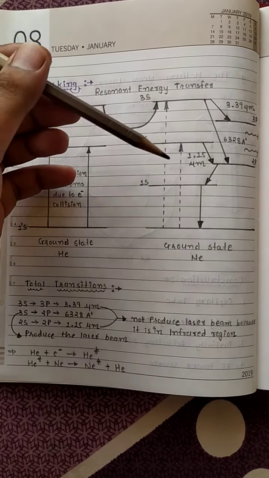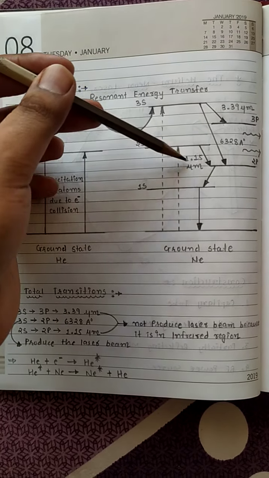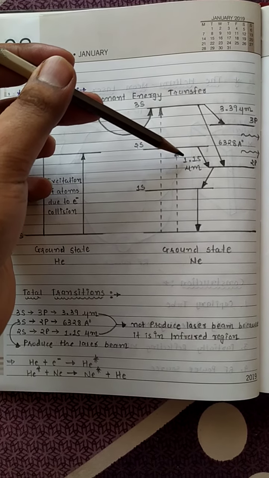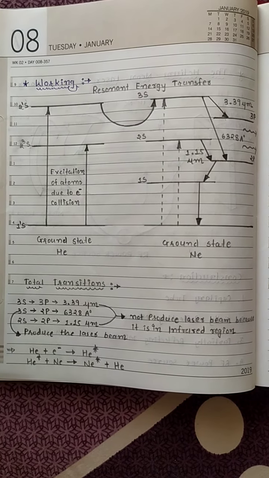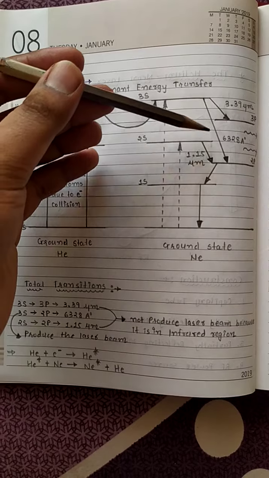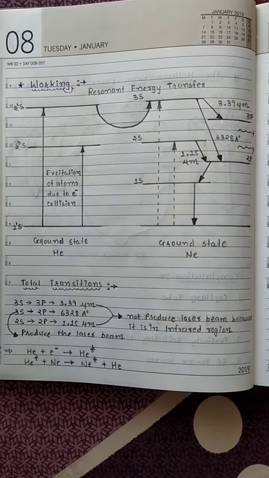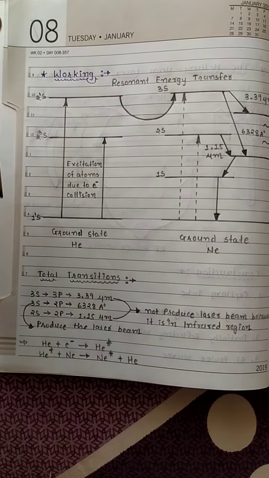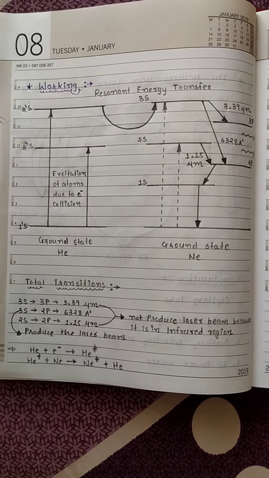Then again there is a transition from 2s to 2p, and we get a photon of 1.15 micrometer wavelength. Finally the neon atoms go to the ground state, and this process is further repeated. During this process we get the laser beam.